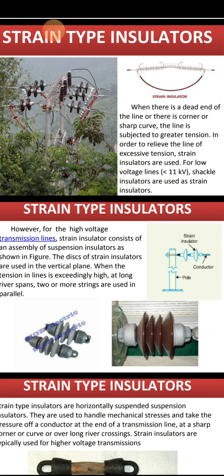Here the discs of strain insulators are used in a vertical plane, and when the tension in the line is exceedingly high, as at long river spans, two or more strings are used in parallel.